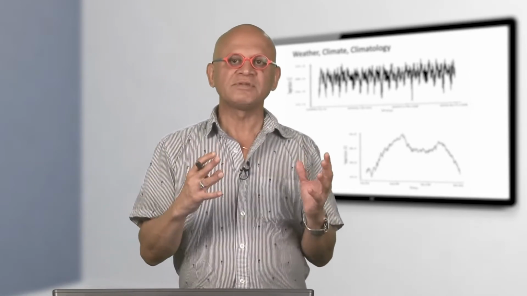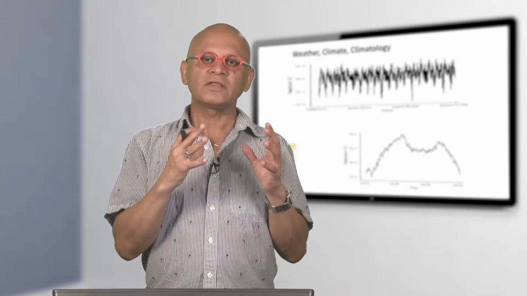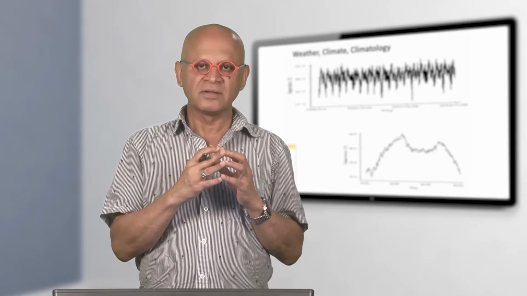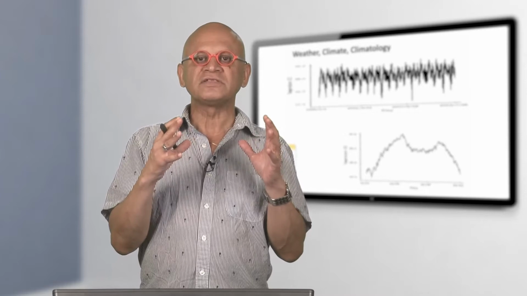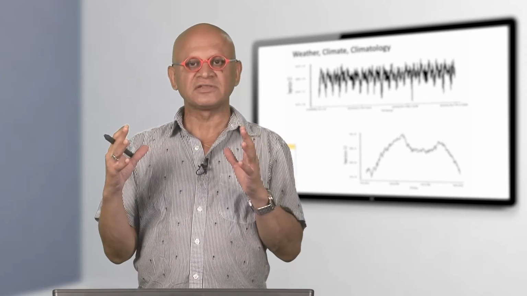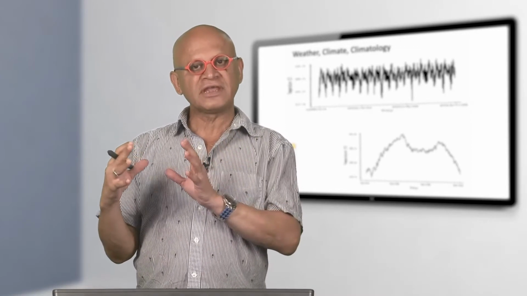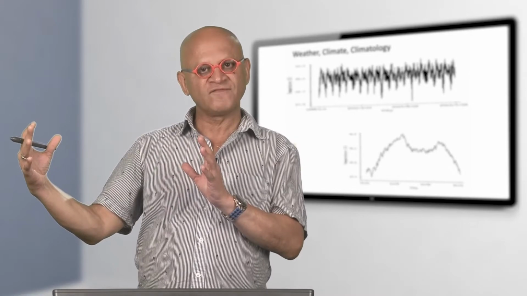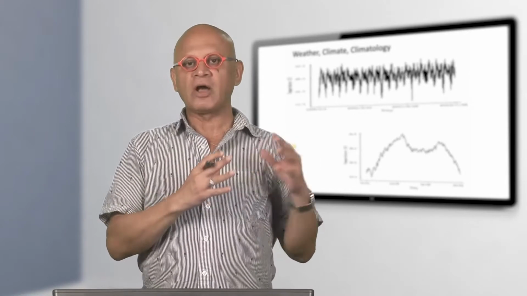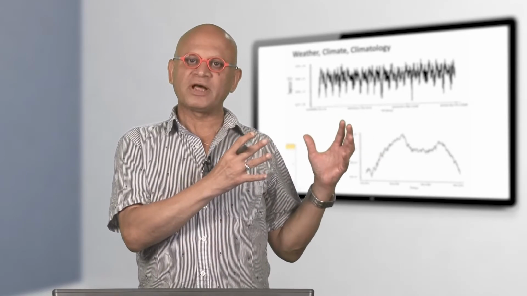To understand climate change, then, we'll go back and learn about what the basics of climate science are, what are the various reasons why climate changes, what are the different time scales at which climate changes, and if we want to understand how the future will evolve, what do we need to know about the past climate changes, and how do we know about past climate changes?